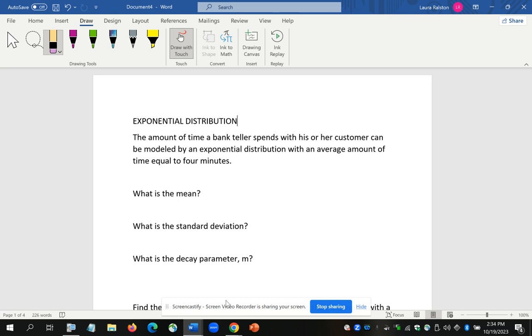So first of all, you have to be able to recognize that you have an exponential distribution. One of the things that I try to do for the purposes of this course is tell you in the scenario that you're using an exponential distribution. Now, I didn't necessarily write all of the problems, so that may not be the case. There's a couple of other things that you can do to recognize that it's an exponential.